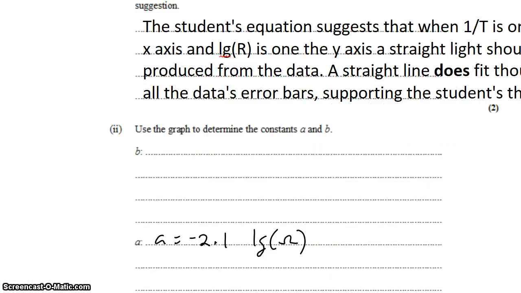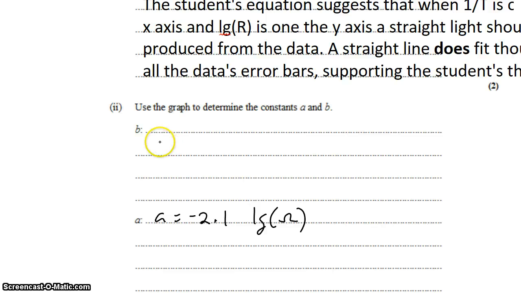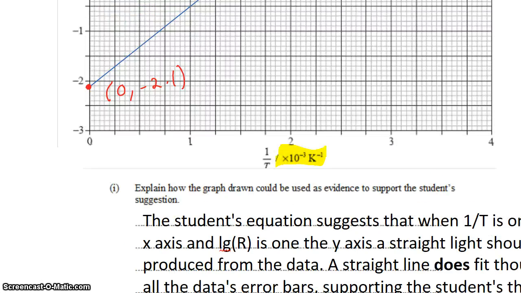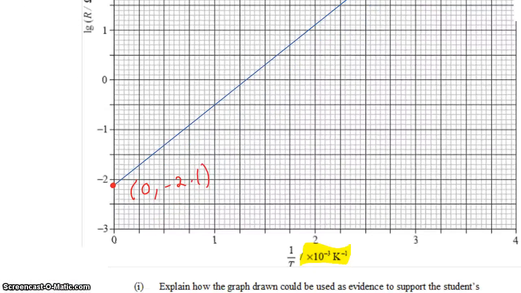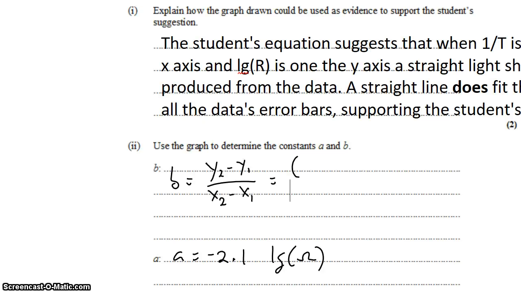Okay, so for B, we just need the slope. The slope is going to be rise over run. So y2 and y1, those are the vertical components. So that's 4.3 and negative 2.1. So 4.3 take negative 2.1.